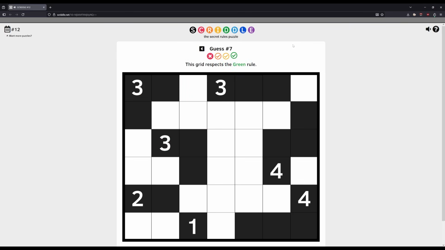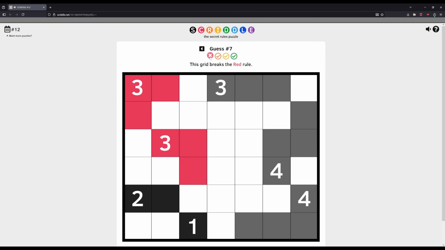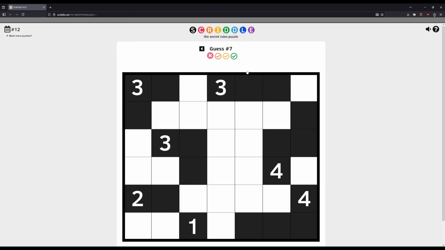But it does seem to be it. I think orange does seem to be something about touching. So all we've got to do is figure out why this is no good. And I honestly couldn't tell you.